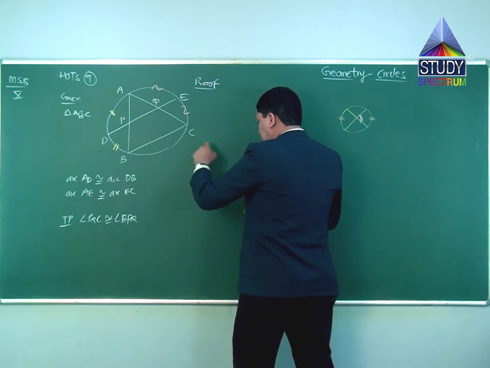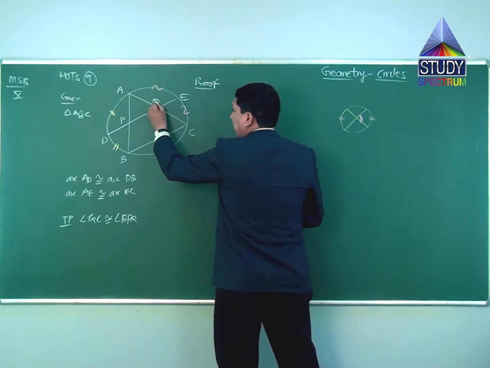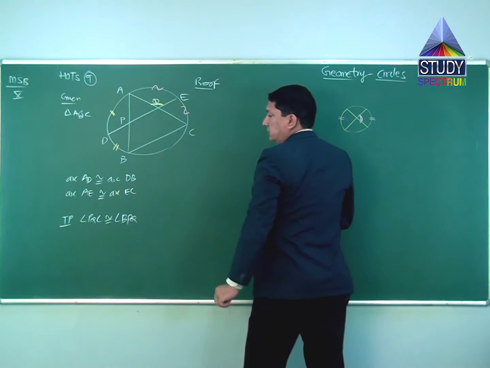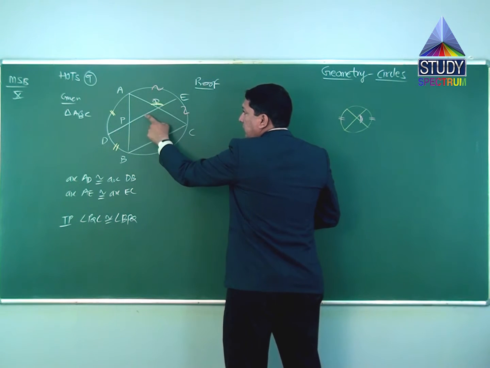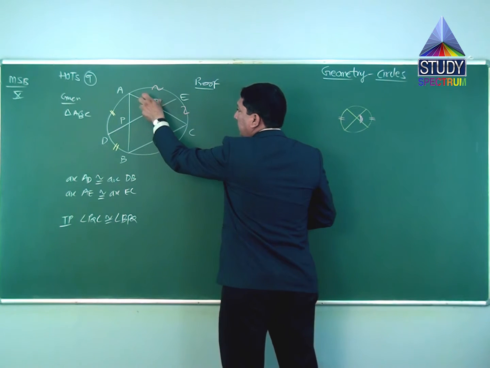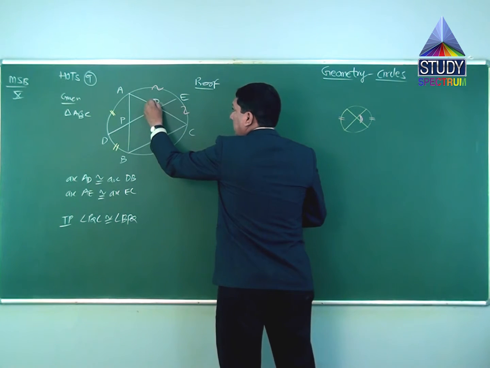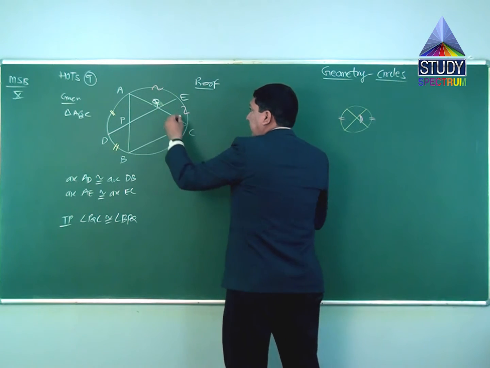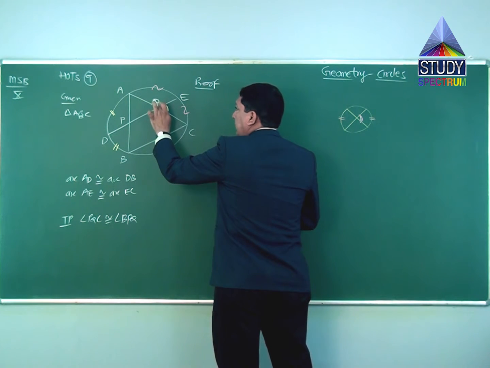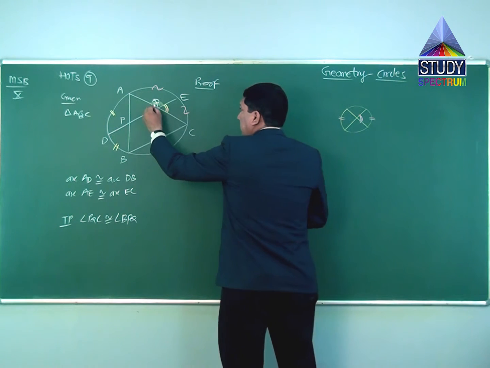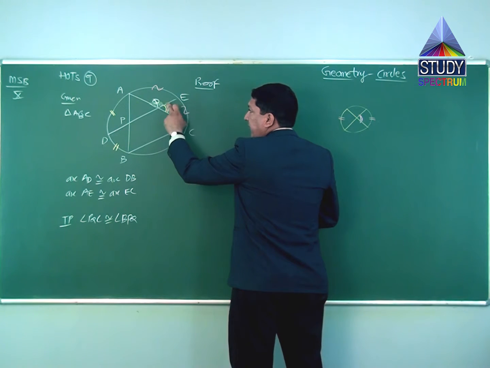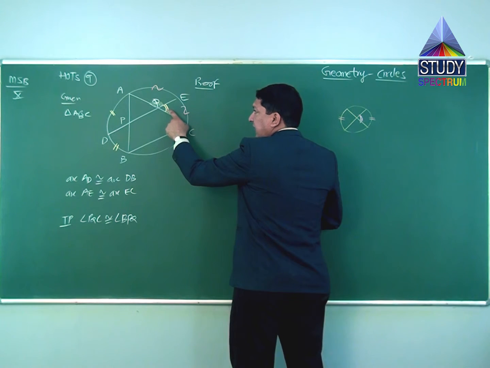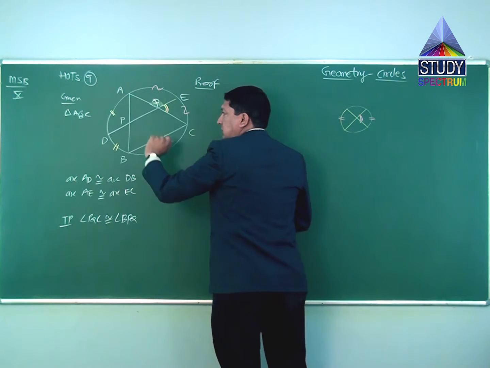This is our angle PQC. So first I'll take this angle PQC, and with it we'll take angle CQE. This angle is formed in the interior of the circle, so it will have a relation with these 2 arcs.